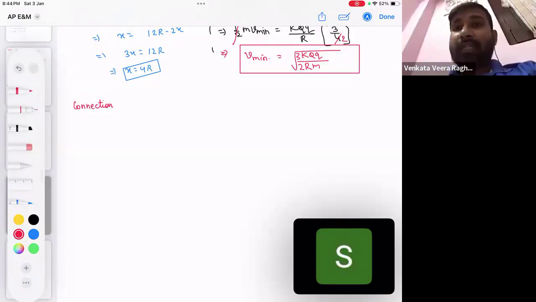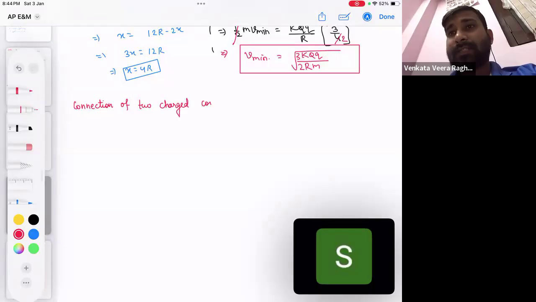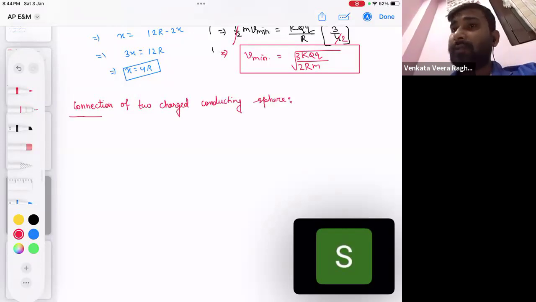The connection of two charged conducting spheres. Let's see what is going to happen. Let's bring two charged conducting spheres in contact with each other.